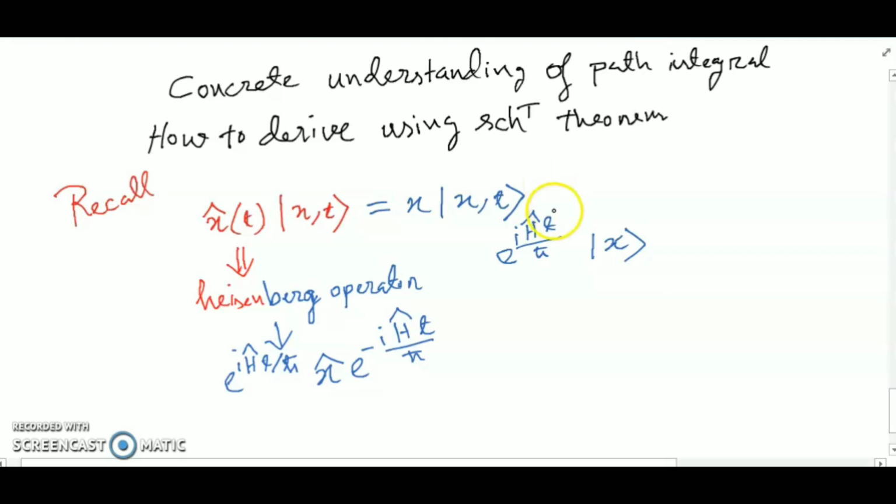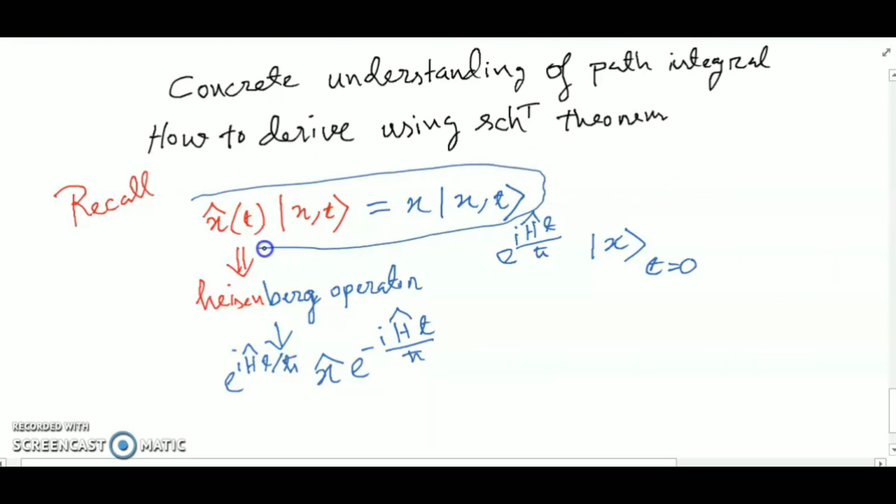Okay, t equals to 0. So we check these equations. Okay, this is my total equation.